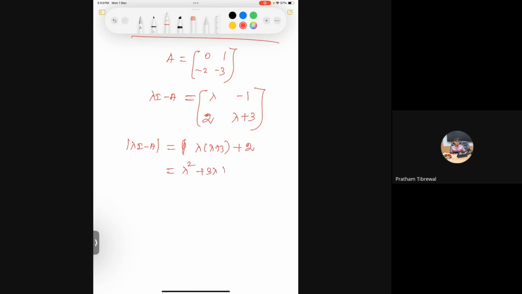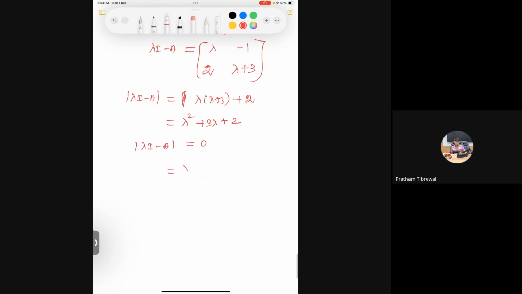Lambda square plus 3 lambda plus 2. So I'm going to equate this to 0 to find the eigenvalues. So lambda square plus 3 lambda plus 2 equal to 0.